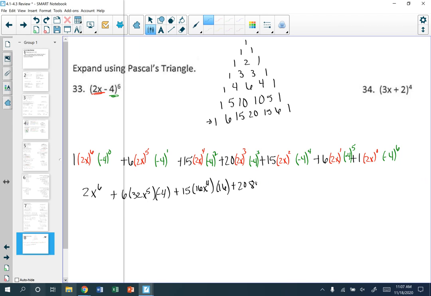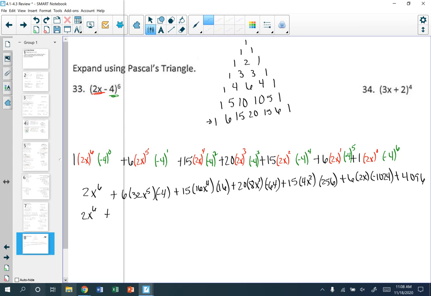Plus 20 times 8x cubed. Negative 4 cubed is negative 64. Plus 15, 4x squared. Negative 4 to the 4th is 256. Plus 6 times 2x. Negative 4 to the 5th is negative 1024. Plus 4, negative 4 to the 6th is 4096. So one last step here to simplify.